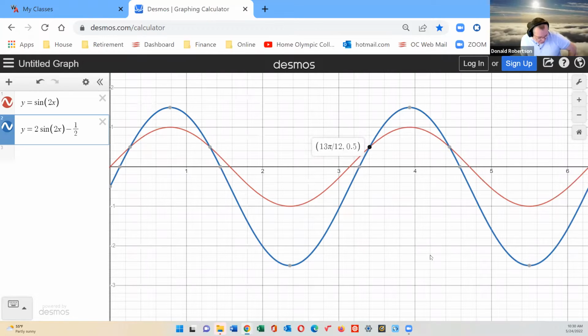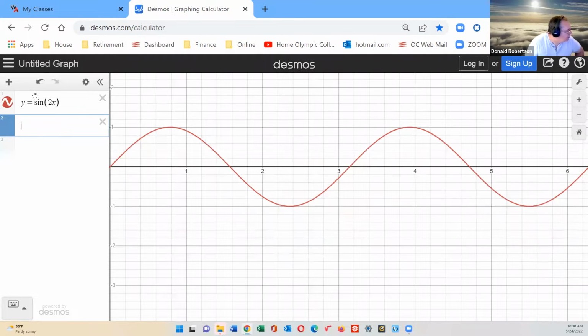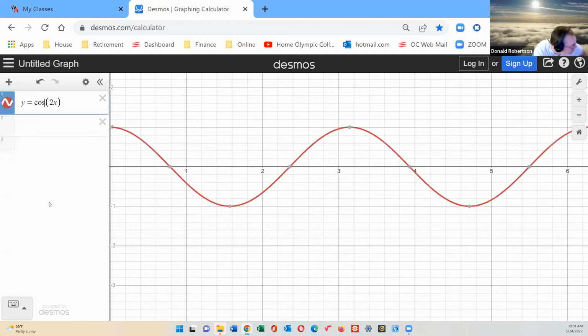Now, do you know some of the earlier questions that we were doing, where you were trying to solve an equation? Can I find one? No, I probably threw it away. Yeah, remember the cosine 2x equals 0 one? I'm going to show you how you can use Desmos to check it.